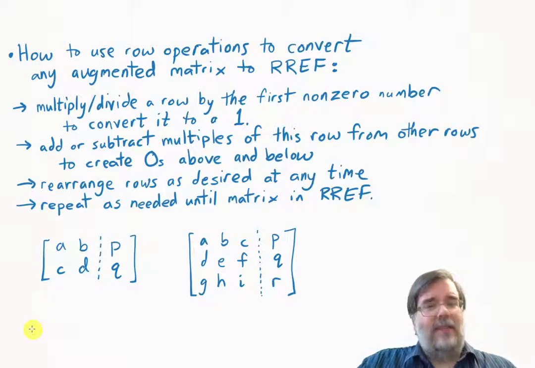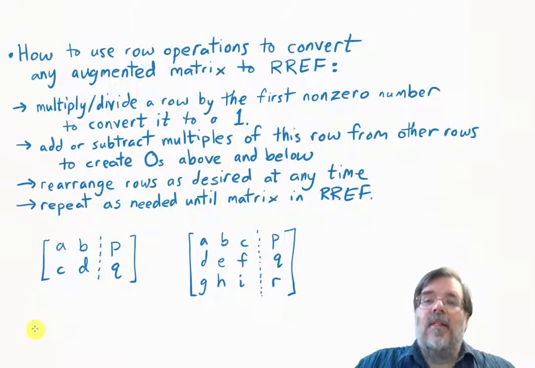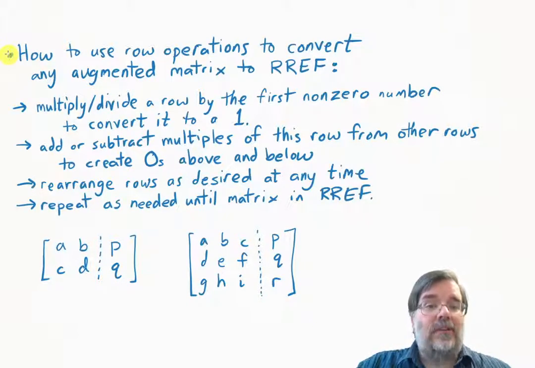Now, hopefully I've convinced you by now, reduced row echelon form is a wonderful thing. It allows you to basically read off the solutions. The next task, in fact, this is what we'll do for the rest of this video, is learn how to use row operations to convert any augmented matrix to reduced row echelon form. And these are the basic steps, and we'll do lots of examples.